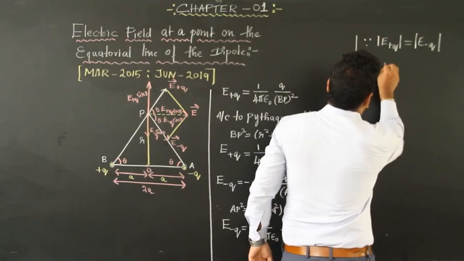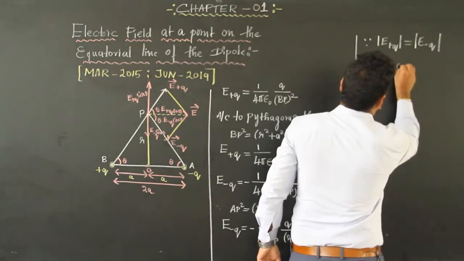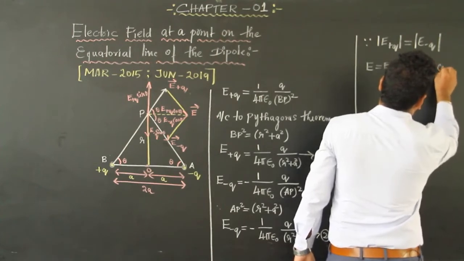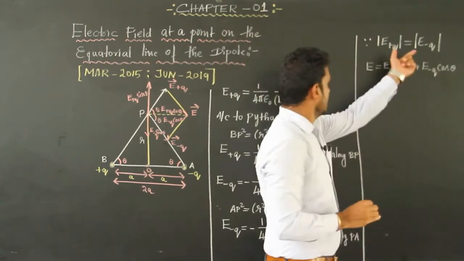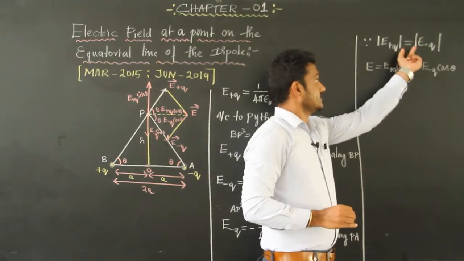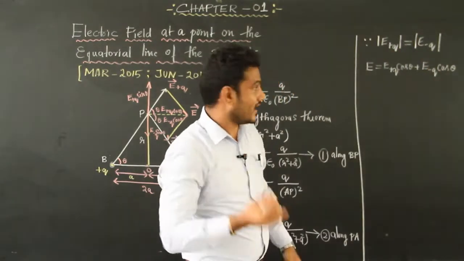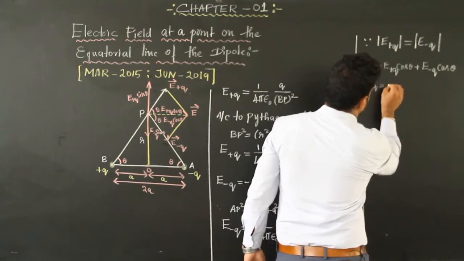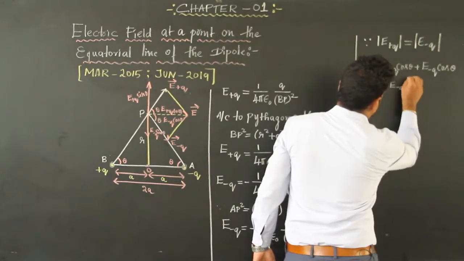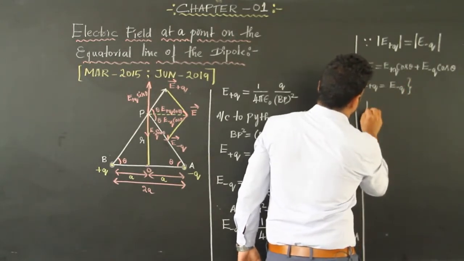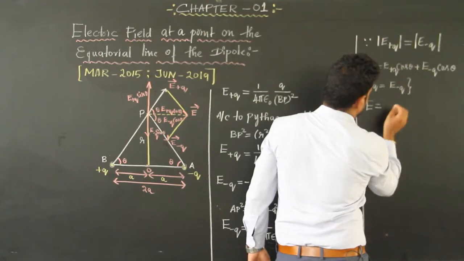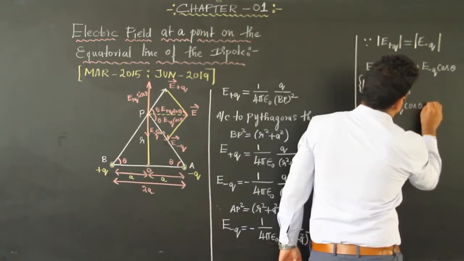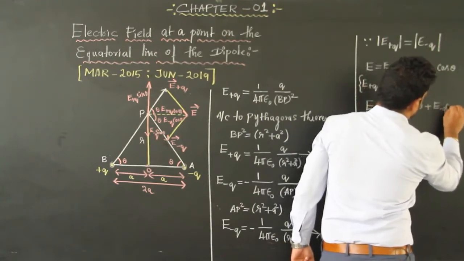Resultant electric field is E plus Q cos theta plus E minus Q cos theta. Here I said E plus Q is equal to E minus Q, both are equal in magnitude. So we can write E minus Q cos theta plus E minus Q cos theta.